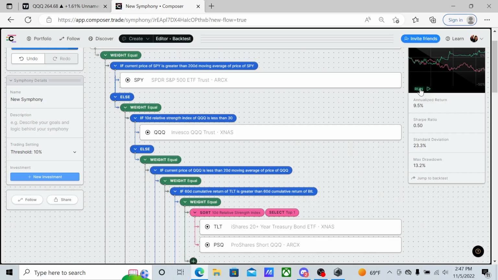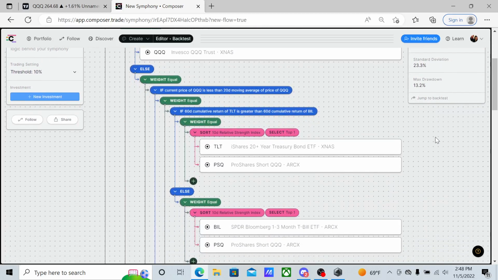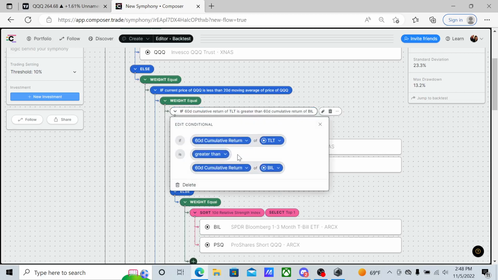So 9.5, 13. So you kept the same drawdown. Maybe the movement of BIL isn't enough to actually work in that function. Maybe it has to be SHY or something like a 1 to 3 year bond instead of 1 to 3 months.